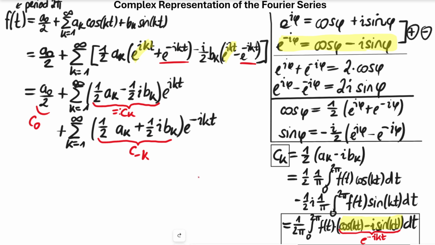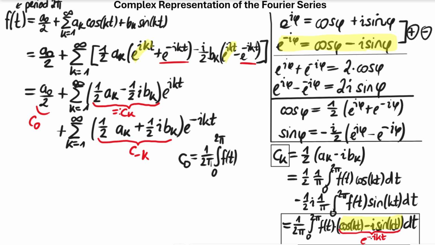Good. For k equals 0, we have to do a separate calculation here now. So hopefully here is enough space. I write here c_0. What is now c_0 according to the c_k formula? 1 over 2 pi integration from 0 to 2 pi f(t). But then you have e power minus i 0 t.